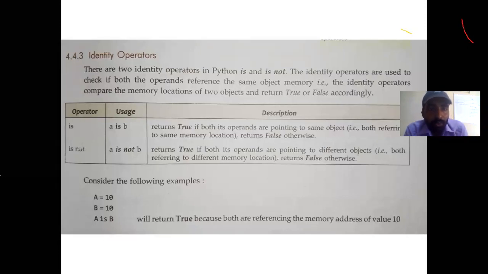But first you must know what is identity operator. The identity operators, there are two identity operators, is and is not. They are used to compare the address or location where they have been stored in the memory.